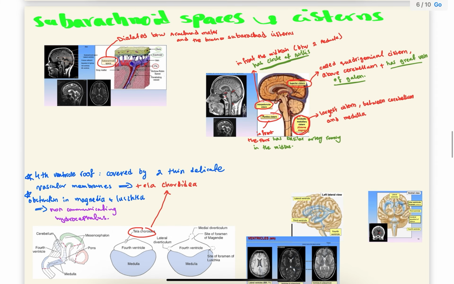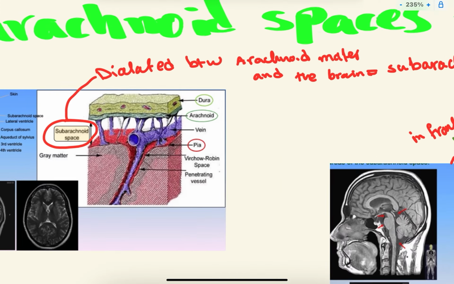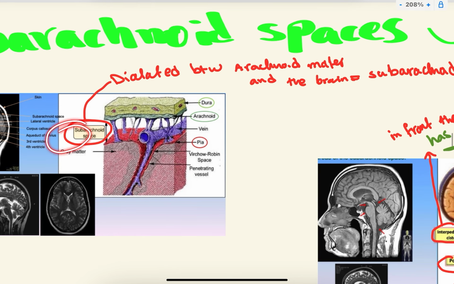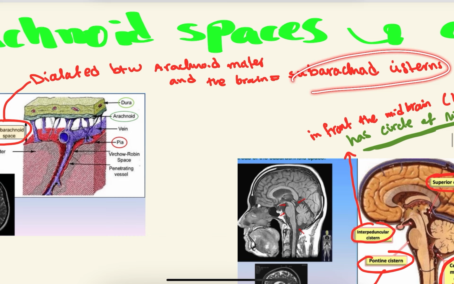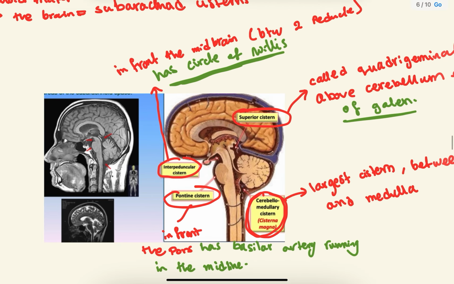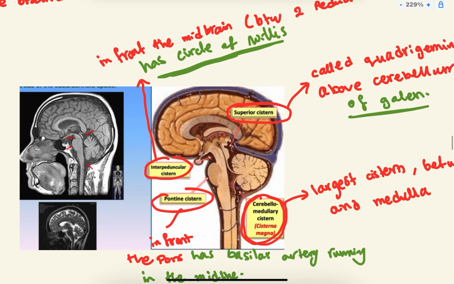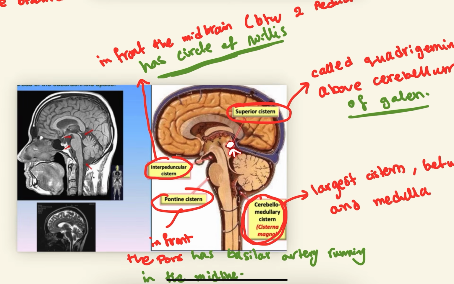Okay, let's talk about the subarachnoid space and the cisterns. The subarachnoid space, we said, is between the arachnoid and the pia mater. We can also call it the subarachnoid cistern. Moving on to the cisterns: I have a cistern here between the peduncles, a cistern in front of the pons, a cistern between the cerebellum and the medulla of the brainstem, and a cistern above the cerebellum.